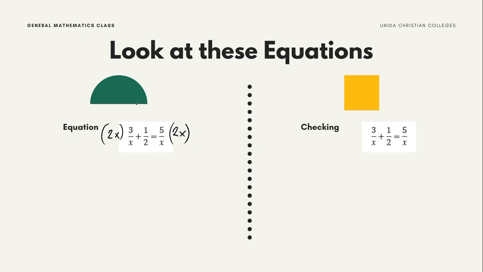Okay. So, para di kayo malito, start muna tayo dito. We have 2x times 3 over x. At nakita mo na merong parehong term which is si x. So, cancel. So, ano na lang ang matitira? We have 2 times 3. Okay. Next, doon naman tayo sa pangalawa.